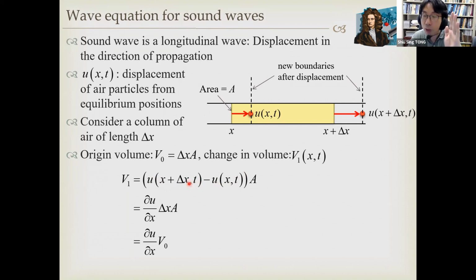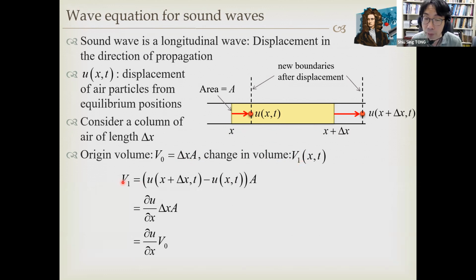But if one end changes by a larger amount than the other end, the difference will give rise to a change in the volume of the column. So we denote the initial volume as delta x, the original length of the column, multiplied by the cross-sectional area A. And we denote the change in volume when the wave passes by as V1.